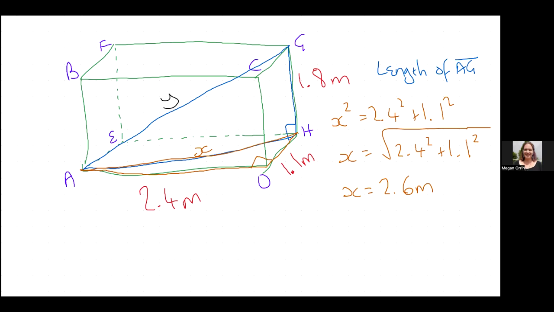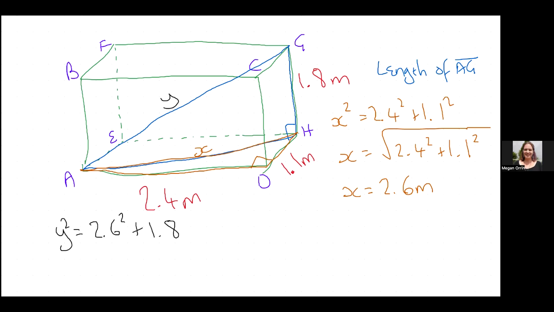All right, now we need to find Y. Now I have this as my Y triangle. So I'm going to say Y squared equals X squared, which is 2.6 squared, plus the height, which is 1.8 squared.